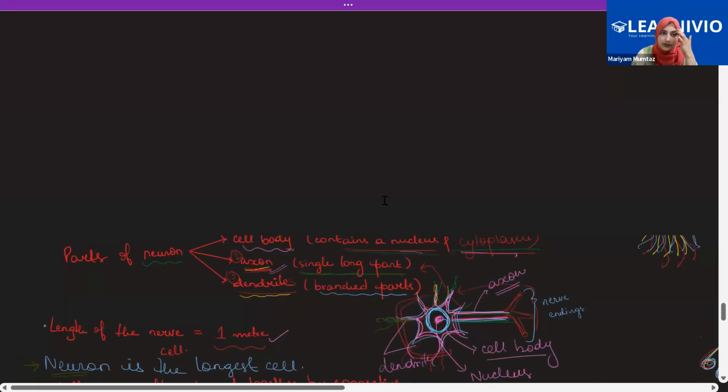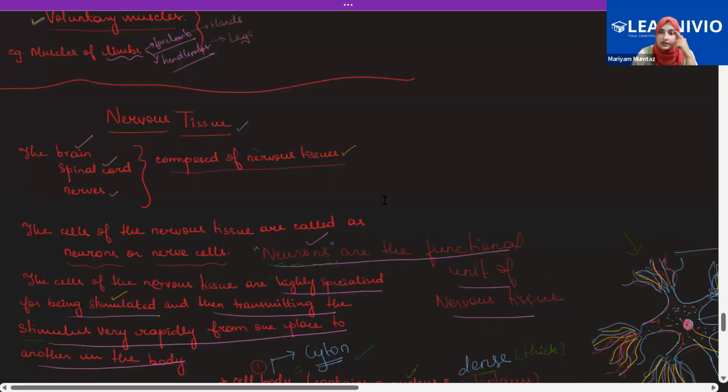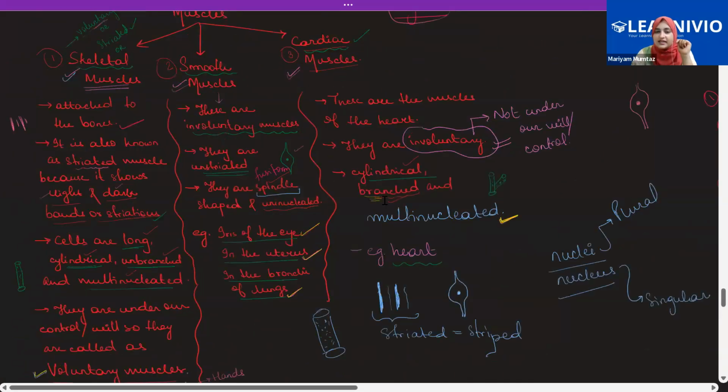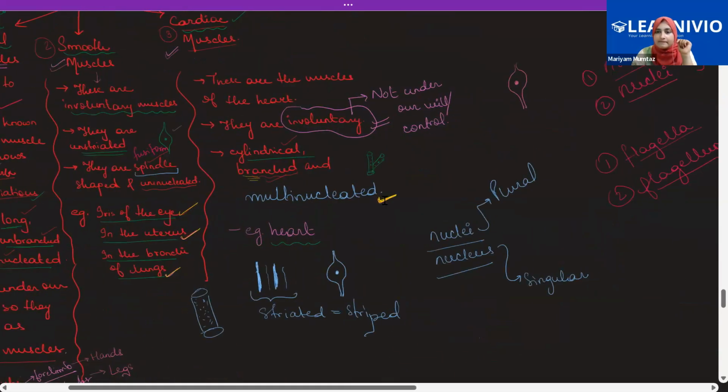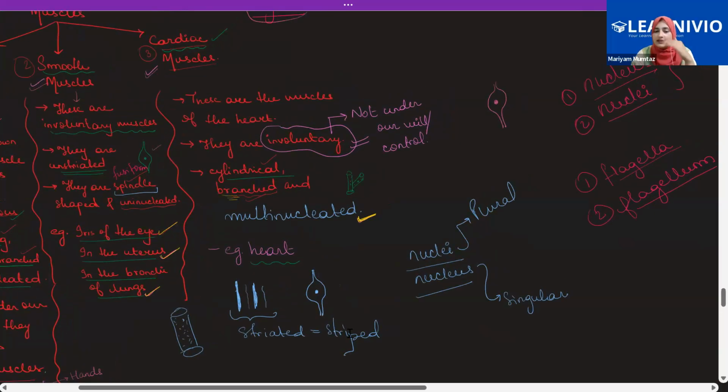Okay, so now you people note down. Suleiman, you had to write some cardiac muscles, right? Yes, ma'am. Okay, so you write down from here and then everyone can join.